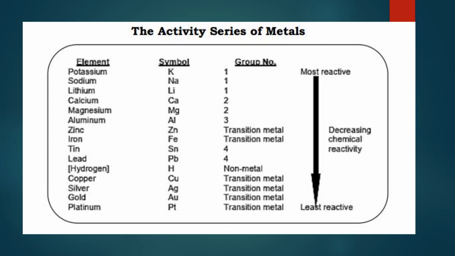Right? Of course there will be a reaction. Why? Because the main reason is that potassium has greater reactivity and hydrogen is at the bottom, it's actually getting to the least one, so there will be a reaction, or it can replace, actually. For example, let's have the copper and then magnesium.